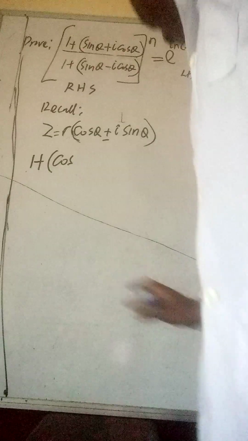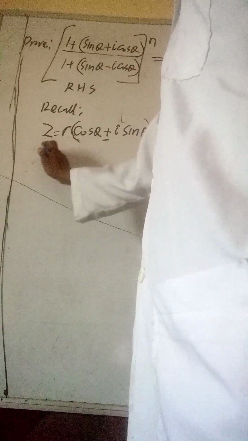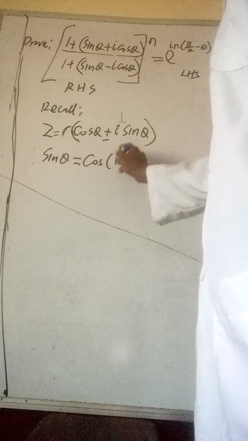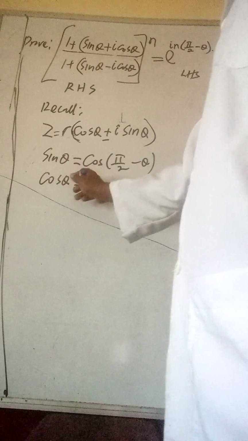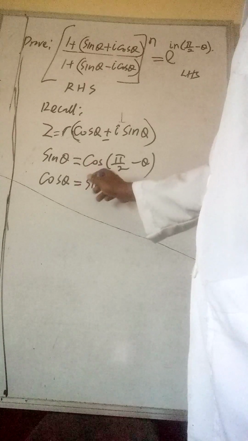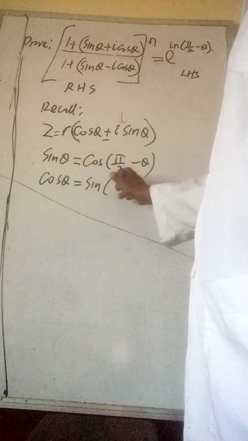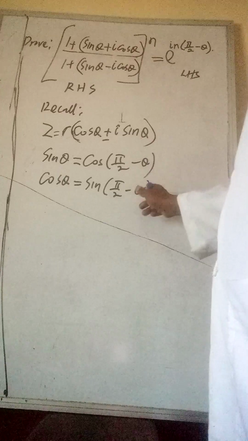Okay, before I do that, you need to recall this also, that sine theta is the same thing as cosine of pi over 2 minus theta. And cosine theta is the same thing as sine into bracket pi over 2 minus theta.